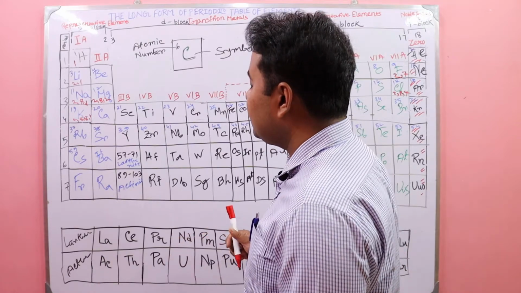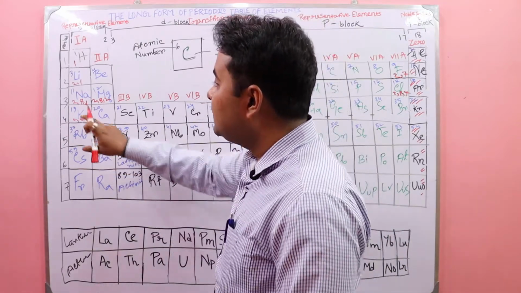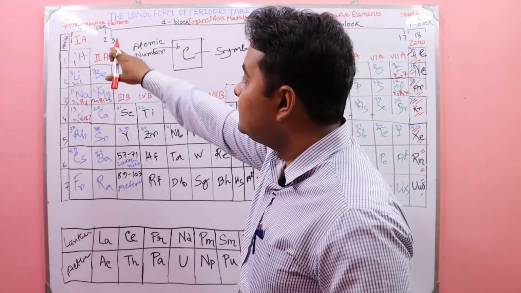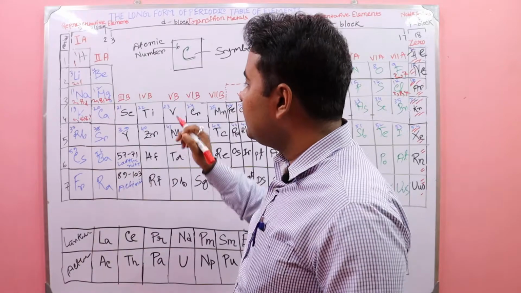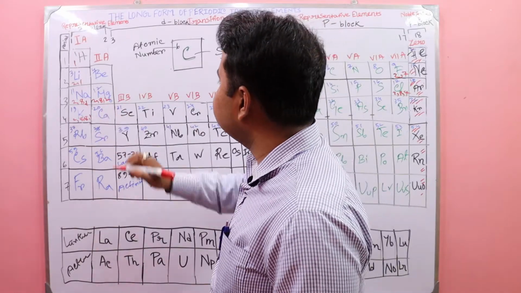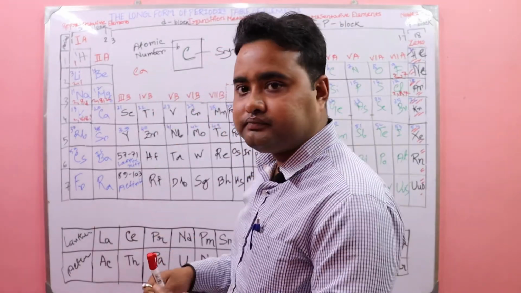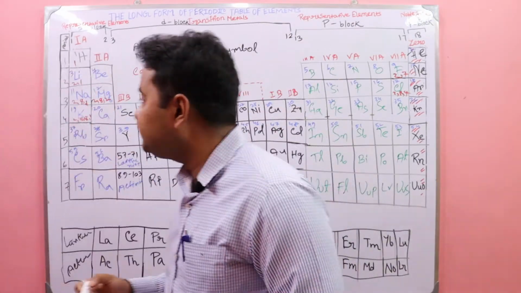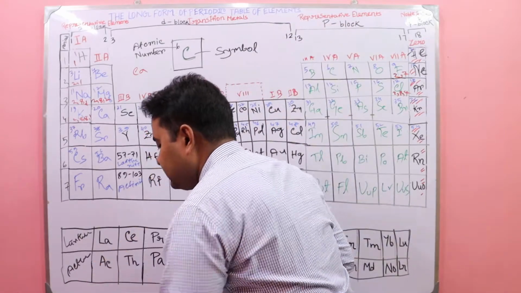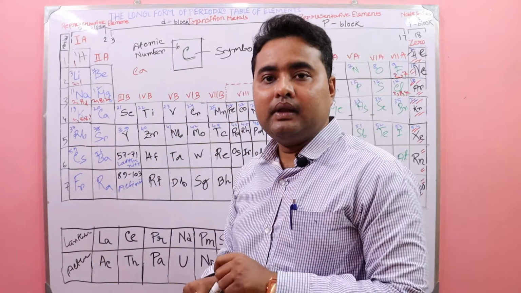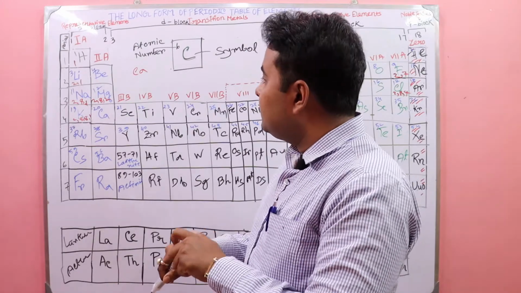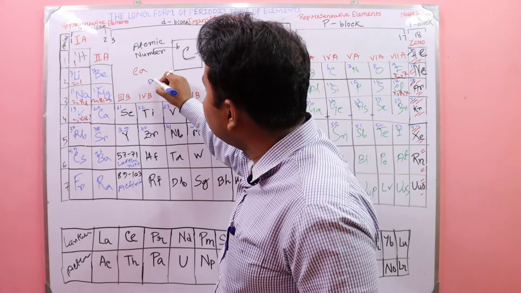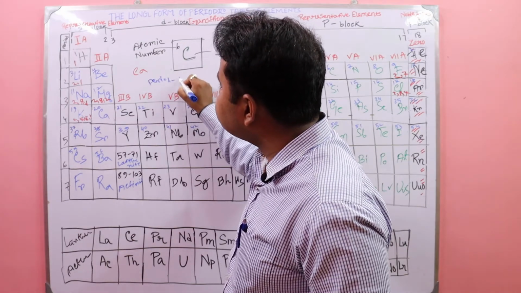First of all, we have to find out the group number and the period number. Suppose take calcium. From the periodic table we find out that the period number of calcium is 4.